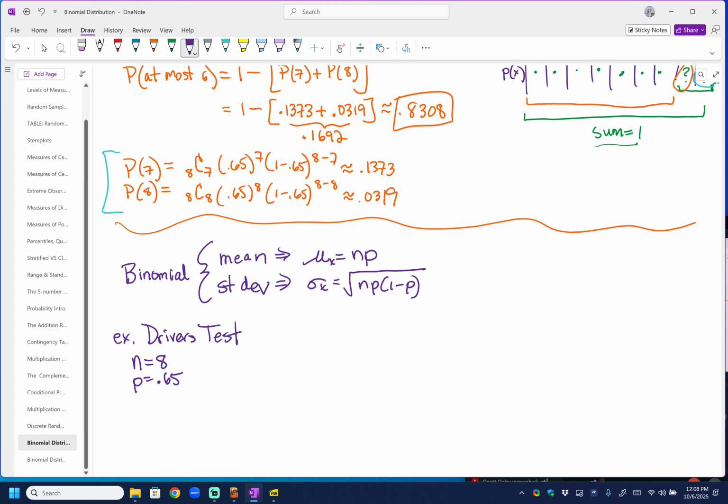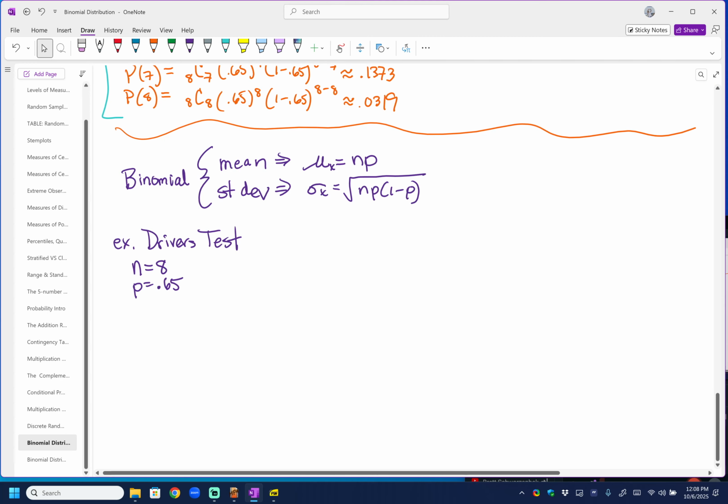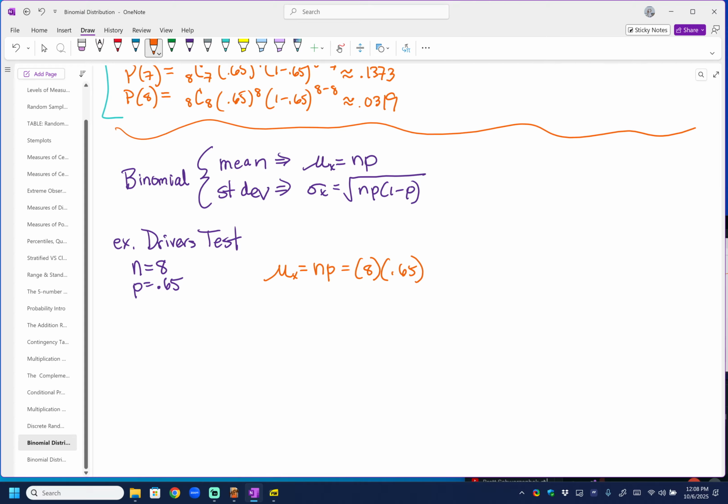So if we want to find the mean and standard deviation of that distribution, we just follow the formulas above. So therefore, the mean of that variable x is going to be equal to n times p, which is simply, believe it or not, 8 times 0.65. 8 times 0.65 is going to give us 5.2.